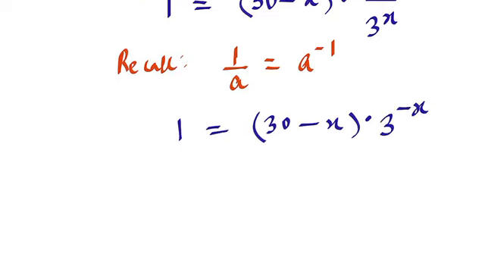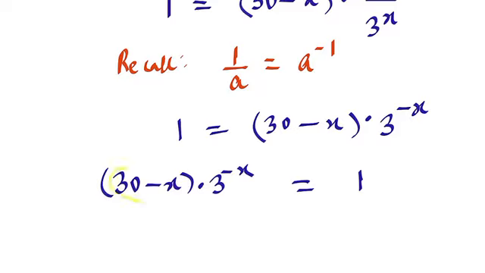Alright, so I can rewrite this equation as 30 minus x multiplied by 3 to the power of minus x, which equals 1.